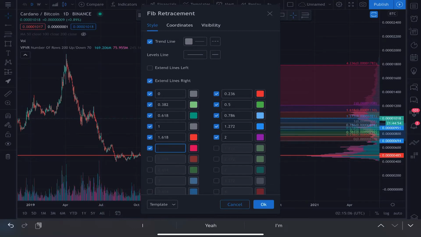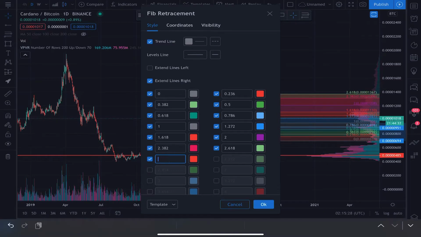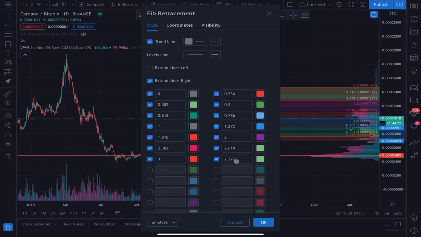Then we're going to add the 2.382. Again, that comes from the Forex space. And then we're going to add the 2.618. We want to know when the price triples, so we add the 3.